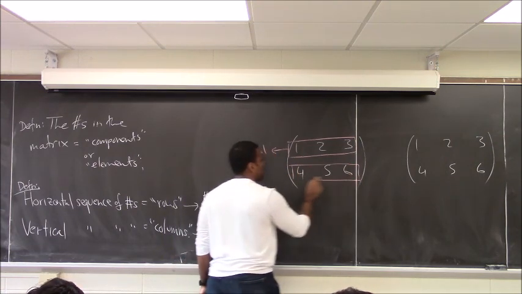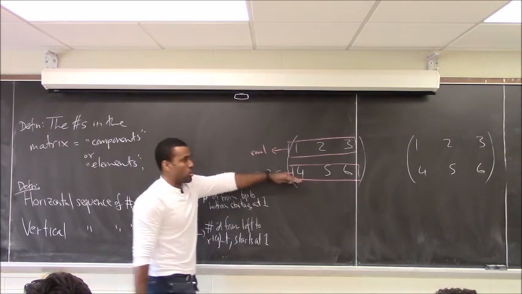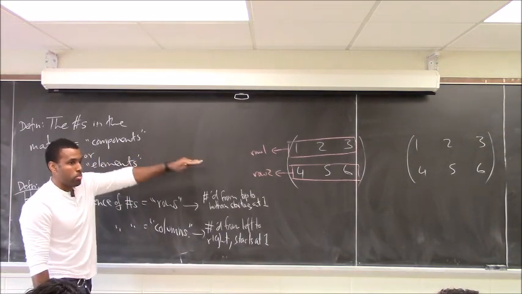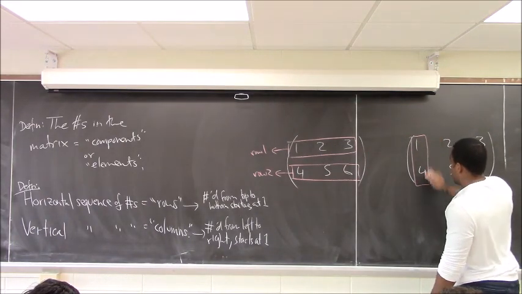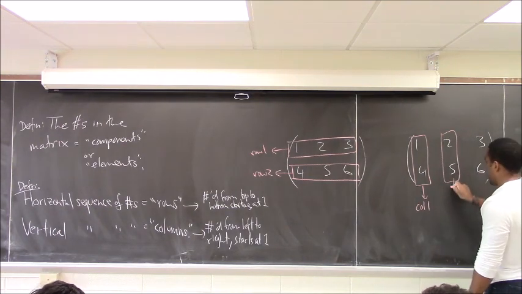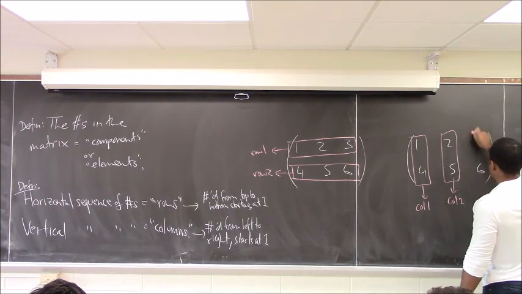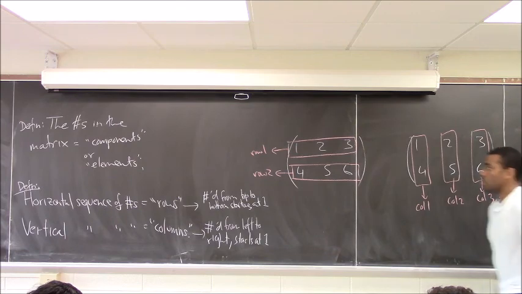This here is row 2. Right? Rows are a horizontal sequence of numbers. You start numbering them top to bottom. This here is column 1. This here is column 2. This here is column 3. So vertical sequences of numbers are called columns. They are numbered from left to right.